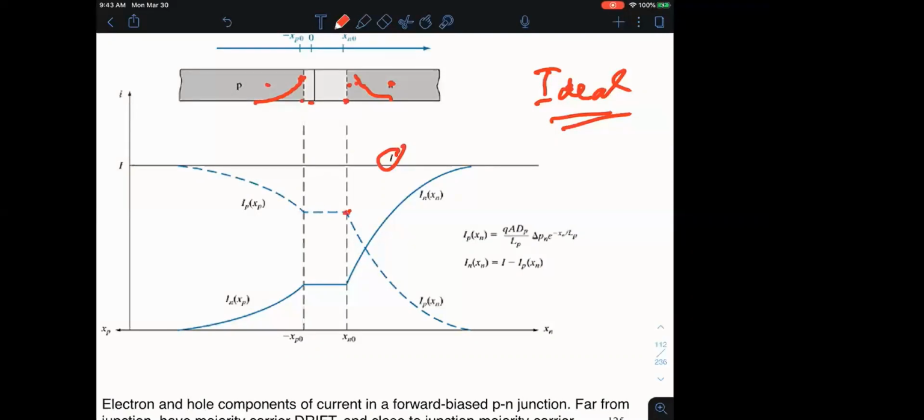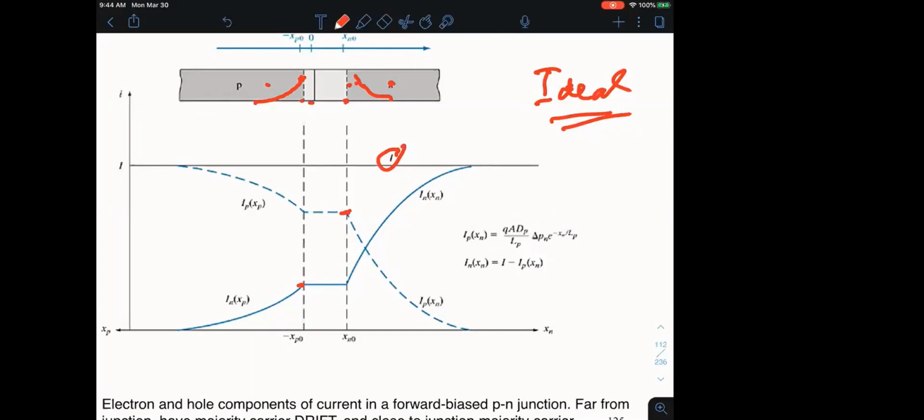Okay? If you accept that, then let's look at the current components over here. So I've so far calculated the diffusion current of minority carrier holes on the n side at this location. Similarly, I've calculated the diffusion current of electrons at this edge of the depletion region over here. Okay. Now you'll notice one thing, that in this particular example, I'm not showing the depletion region extending the same way on both sides.